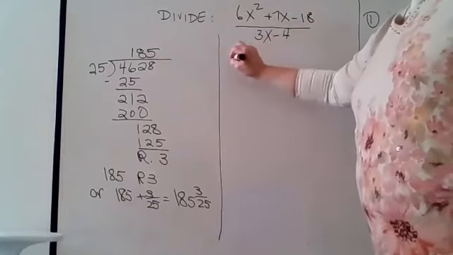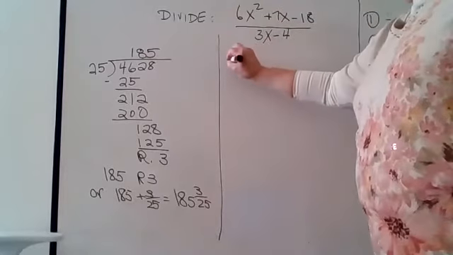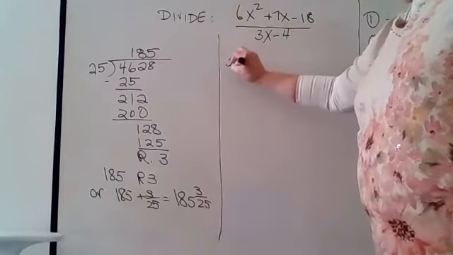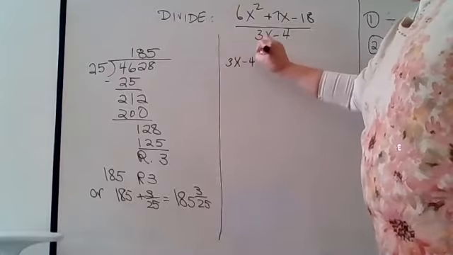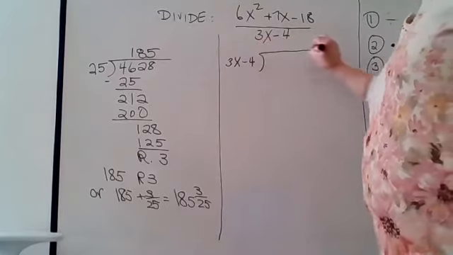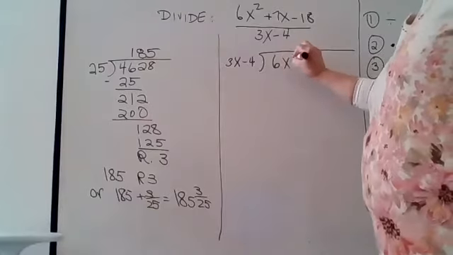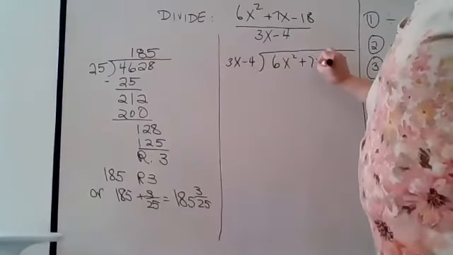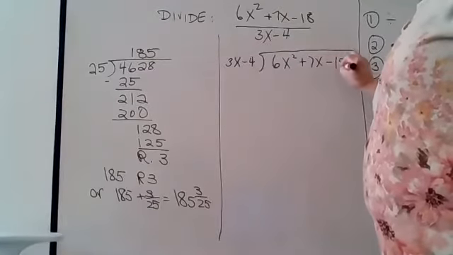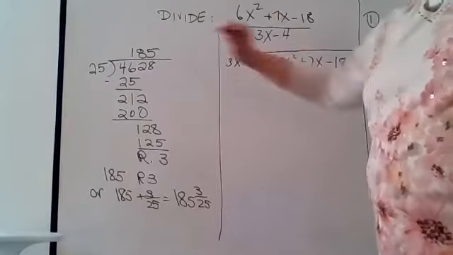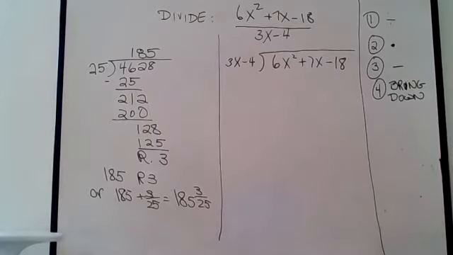You rewrite that like the long division. You put the 3x minus 4 on the outside, and on the inside, you put the 6x squared plus 7x minus 18. So you set it up like a regular long division.